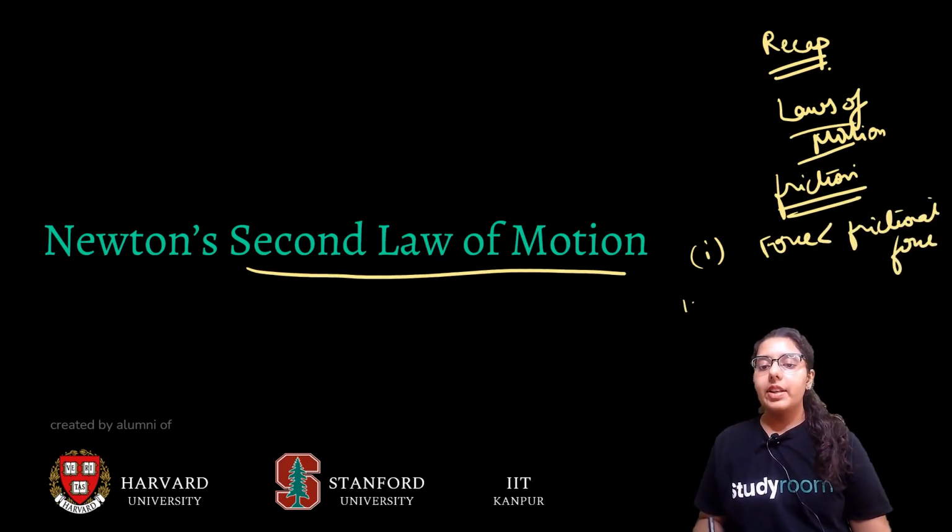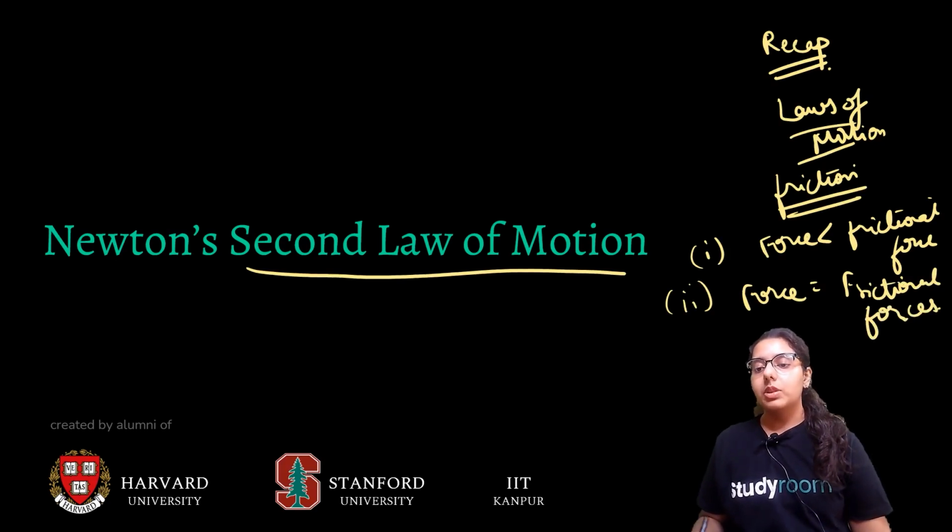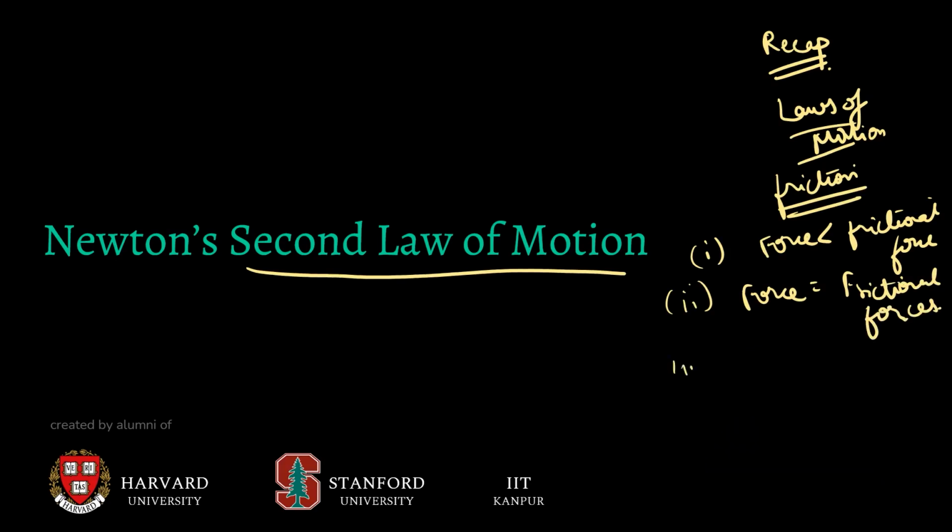Second case, when your force is equal to frictional force, which was your balanced force, right? Because opposite and equal forces. Third, when your force is greater than your frictional force. So first and third are unbalanced forces and the second one is a balanced force.